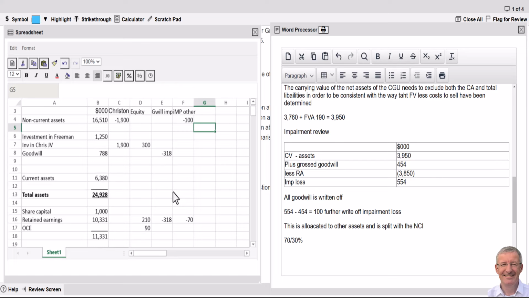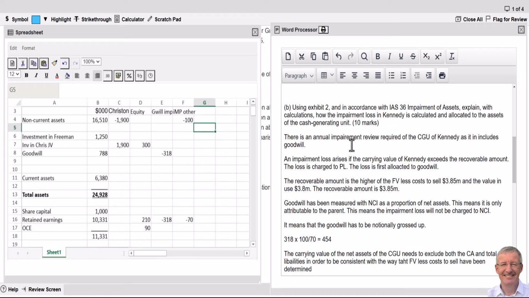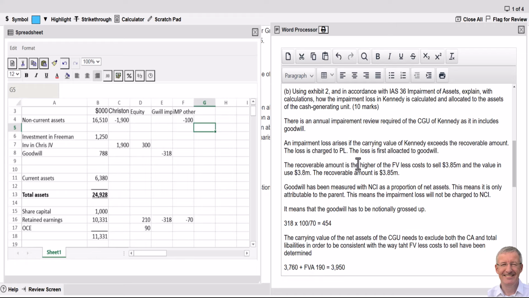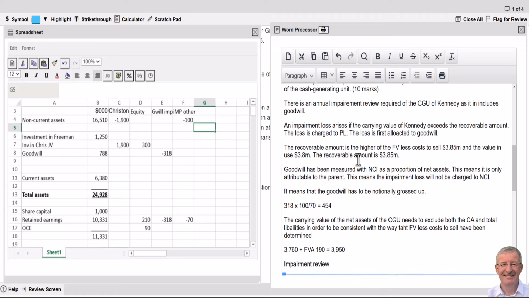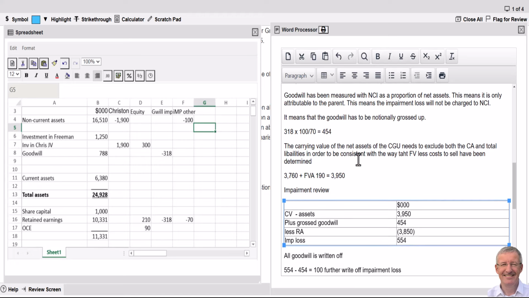I've earned 5 marks. There are 10 marks available for this part D, part B here. But in the marking guide, I think there was something like 13 different ways of earning those 10 marks. I feel confident that I've got 9, 10 of those marks already.